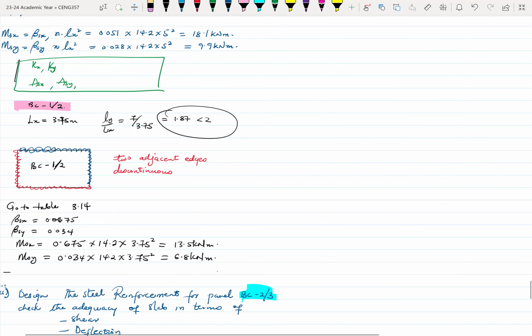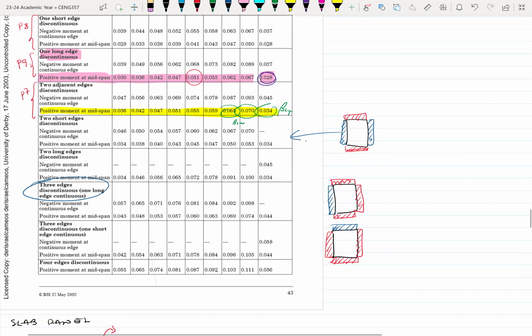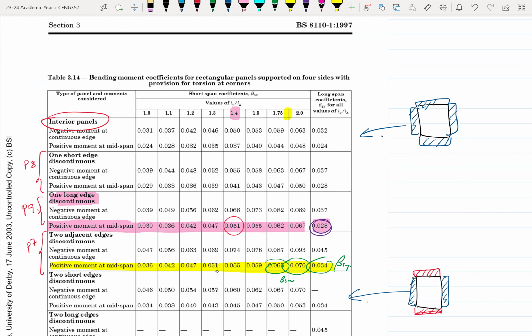So this table is very important to us. Here we are focusing on an interior panel, so we will be looking at this zone right here.